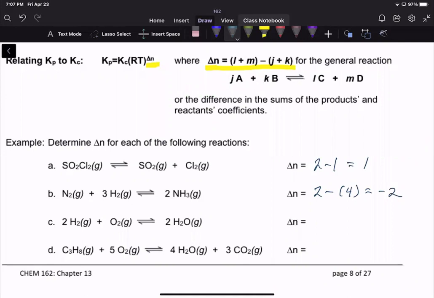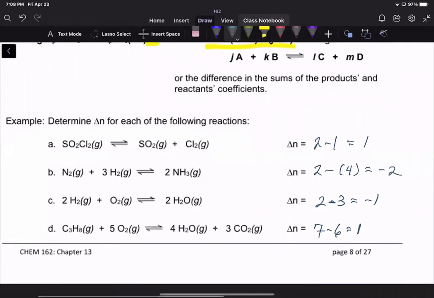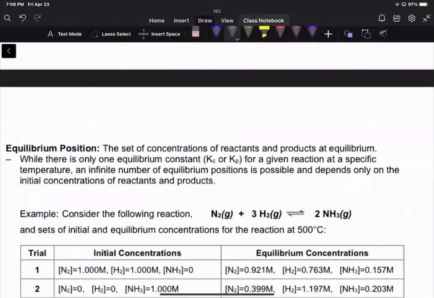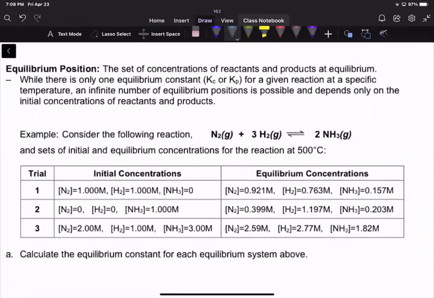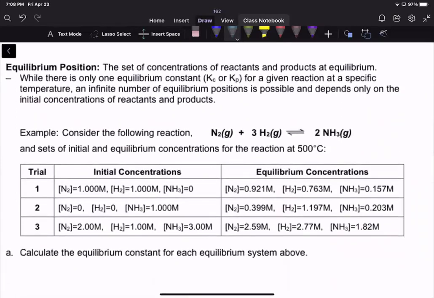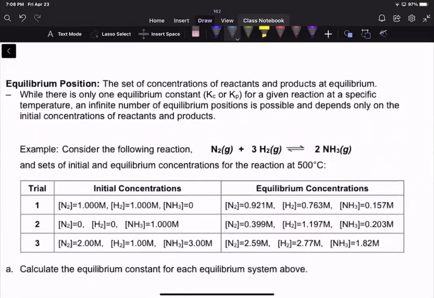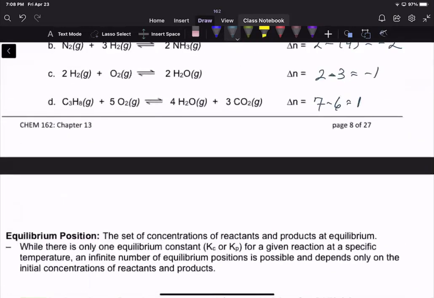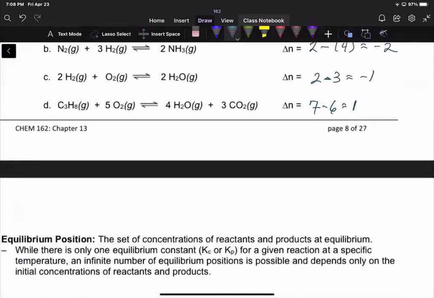Delta n for C is going to be 2 minus 3, which is minus 1. And in the last one, we have 7 minus 6, which is plus 1. All right, and I think that's all. This is where the next video picked up, on page 8. That's correct. Yeah, so we're all set.